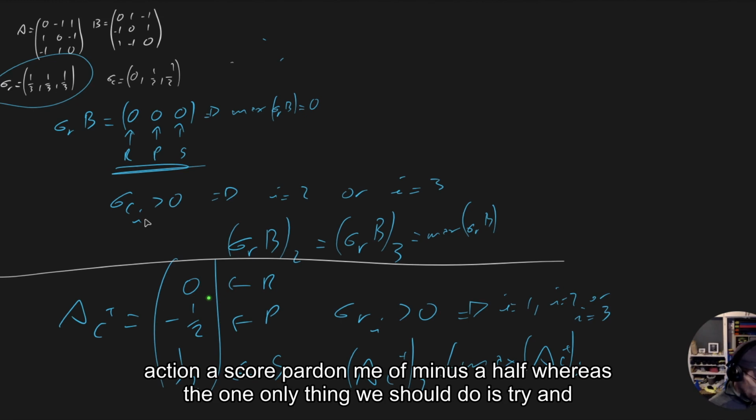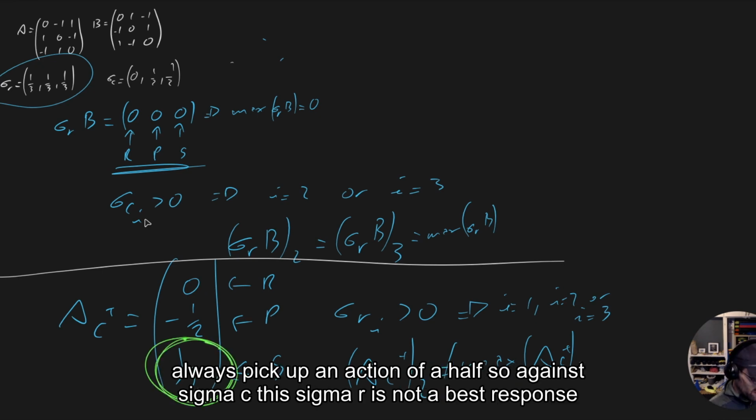Whereas the one and only thing we should do is try and always pick an action of a half. So against sigma c, this sigma r is not a best response.